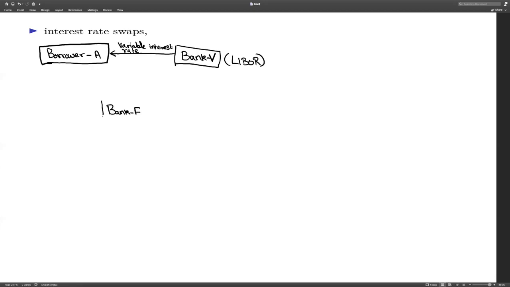So thereby they may go to another institution, say a bank itself, or it can be any other financial institution who offers the borrower A a fixed interest rate.